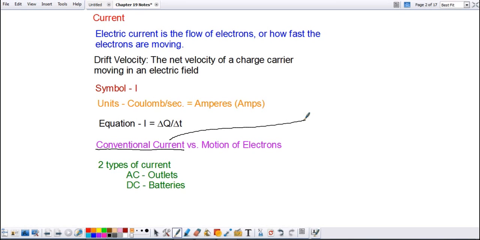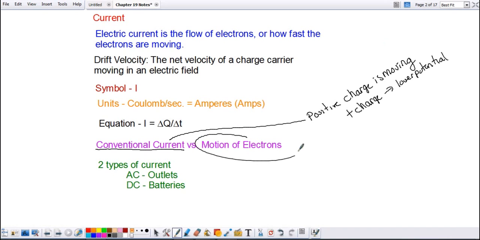So he hypothesized that the positive charge was moving, okay, and so the positive charge went toward the lower potential, okay. Unfortunately, he was incorrect, okay, and while some books still talk about current conventionally, and they've got the positive moving toward the lower potential, and that's fine as long as you're consistent, okay.